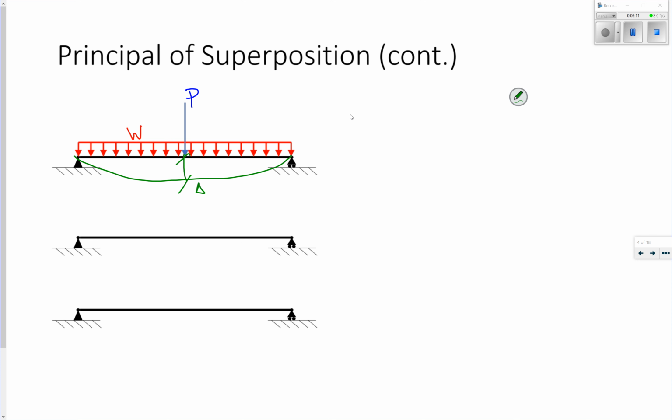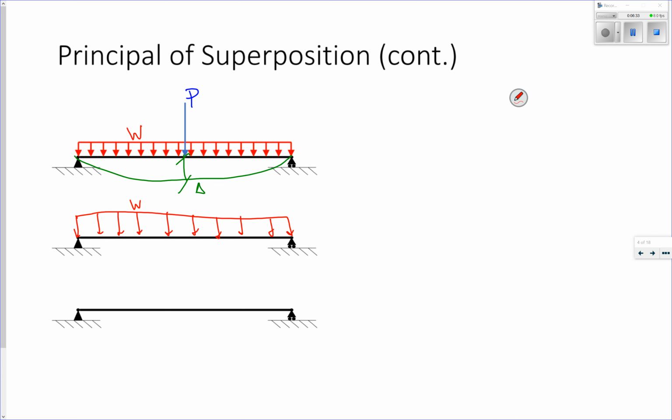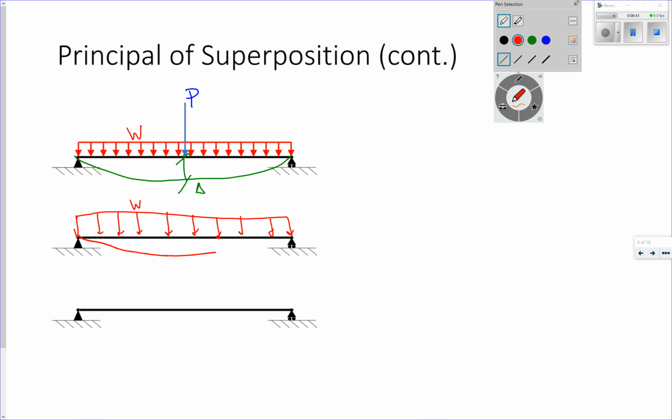Well, if I want to know how much it displaces, I'm going to take the two loads separately and find that displaced shape, right? Oh, let's say I'm not looking directly at where the load is.